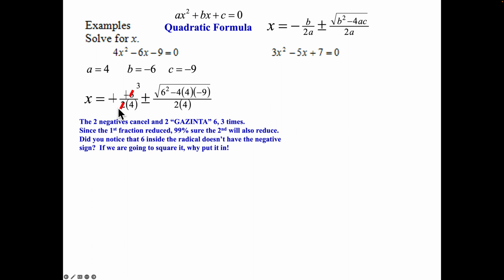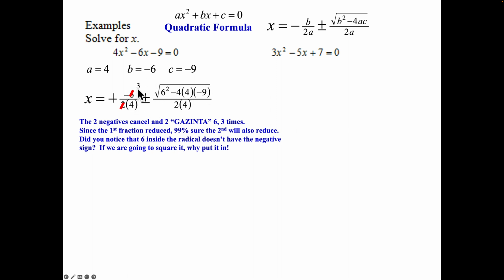Now, 99.99% of the time, if this first fraction can simplify, then so will this fraction, which means you're going to be able to simplify this radical and factor something out to the front, some perfect square factor, so you can reduce it. I guarantee it. And it's 99.9% of the time that if this first fraction doesn't reduce, then neither will this one. So our focus now should be on the square root.